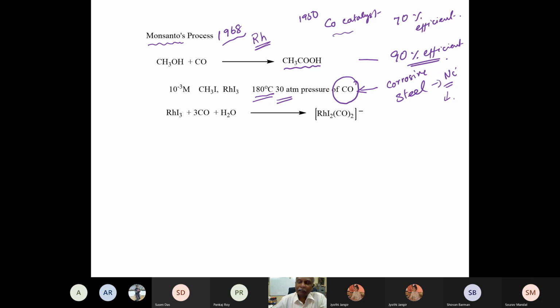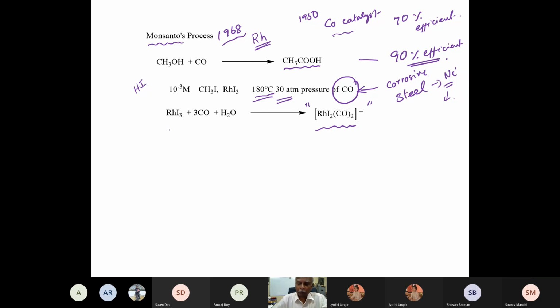And more than that, in this process, there was the generation of HI. And HI is essential for driving the reaction. I will come to that in a moment. But the key resting state of the catalyst is this rhodium iodide species, which I have indicated here.